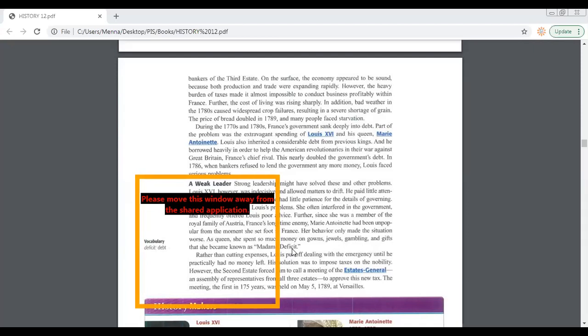The last part, or the last branch of reasons or triggers, was the political.